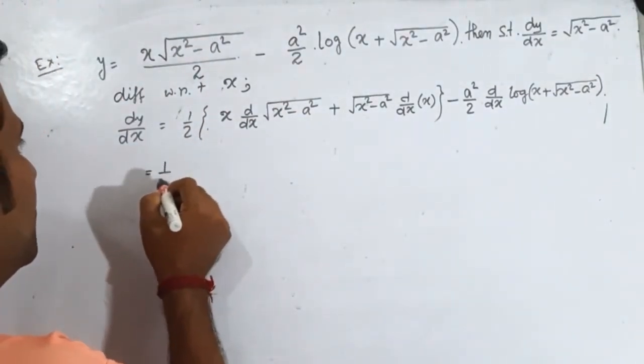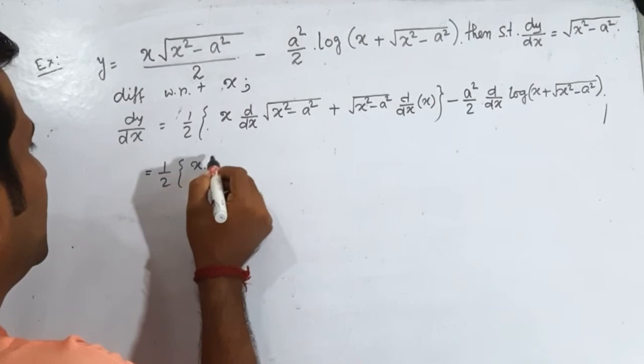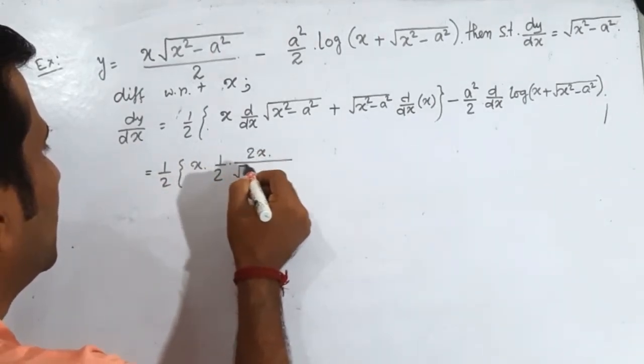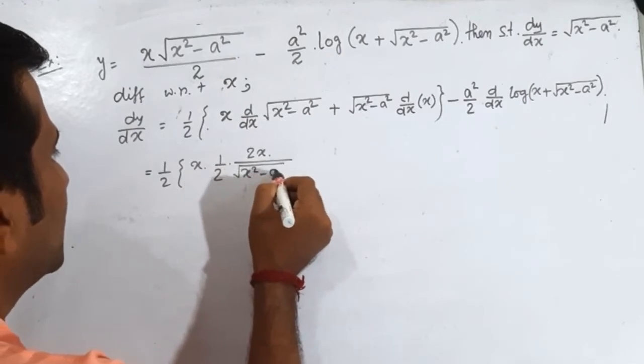This is equal to half x into half 2x by root(x² - a²).